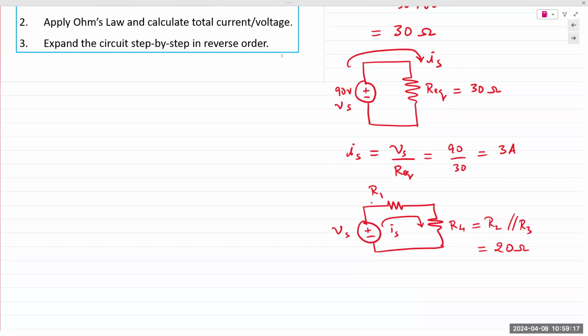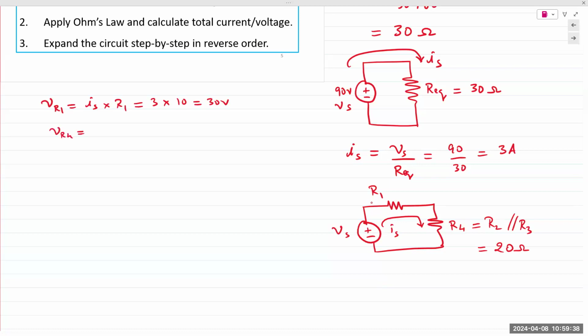And I can write from Ohm's law again, VR1 is, actually let me write it on the side. VR1 is IS times R1. 3 times 10, 30 volts.